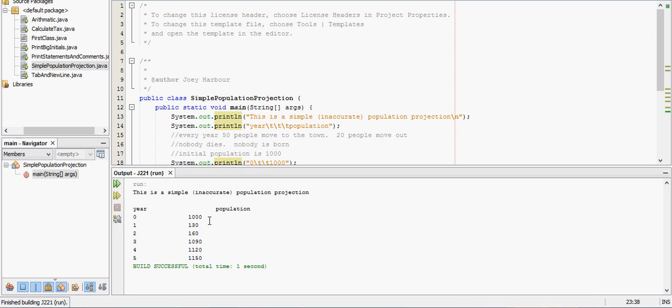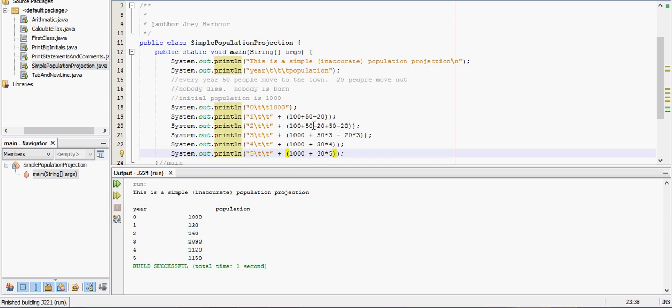Oh, well, looks like I forgot some zeros in these two parts up here. Now it should be working good. Notice this is the linear growth rate that we would expect. It's going up by 30 each time. My population there is not at the right area. Okay, yeah, there it is.